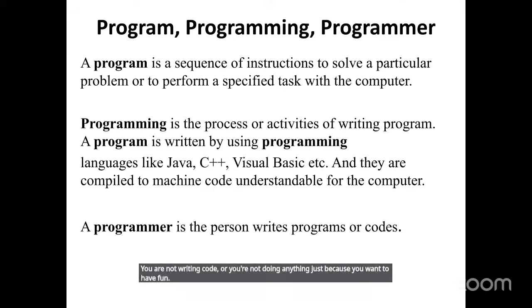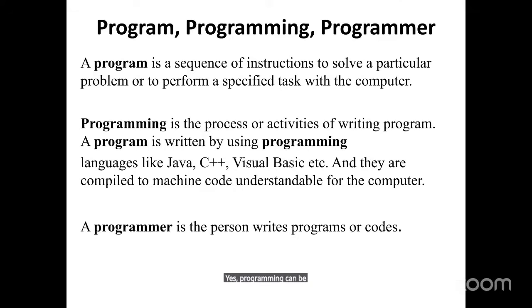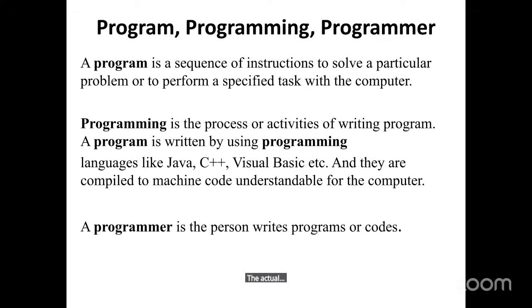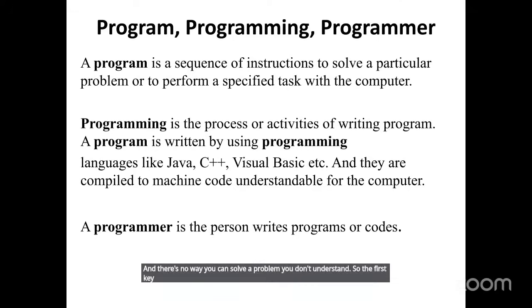Yes, programming can be an art as you develop yourself to a point whereby writing code becomes fun. But the actual truth about programming is that programs are written to solve problems. And there's no way you can solve a problem you don't understand. So the first key point is: what is the problem I am trying to solve? Do I have a clear understanding of it?